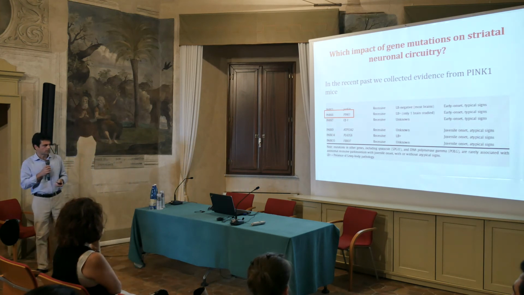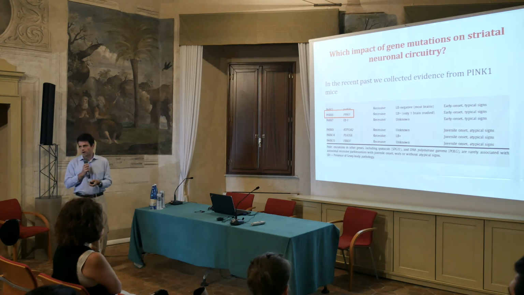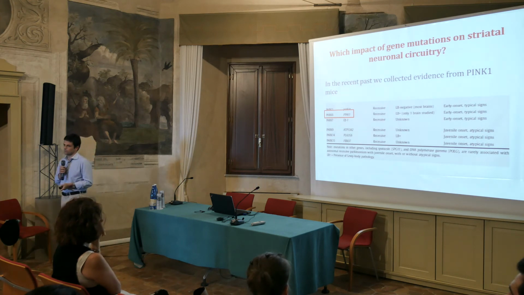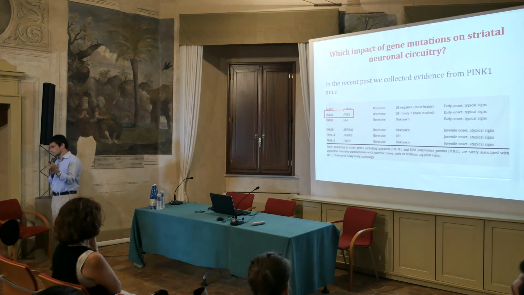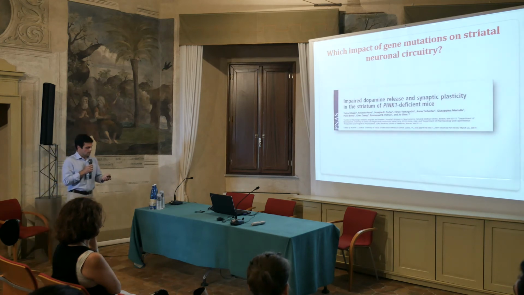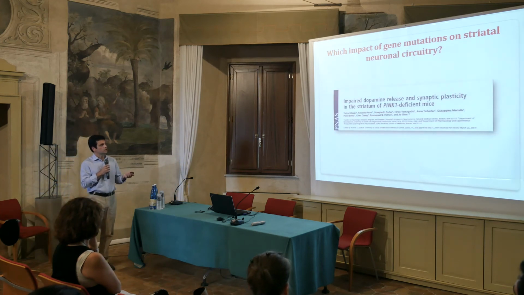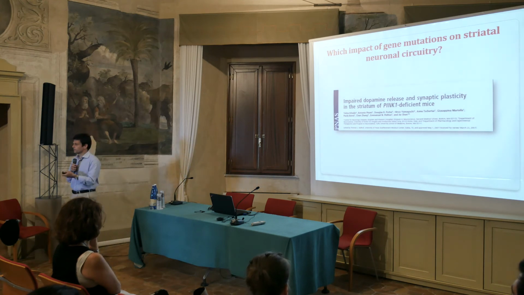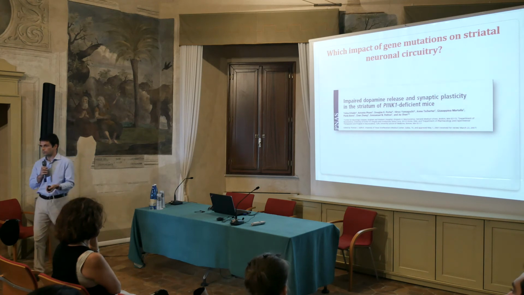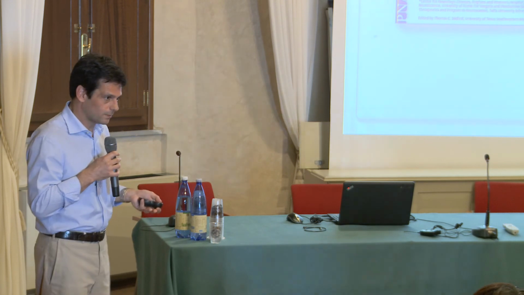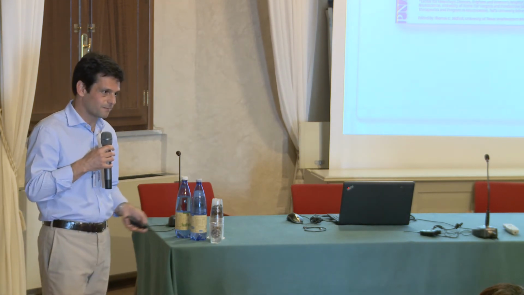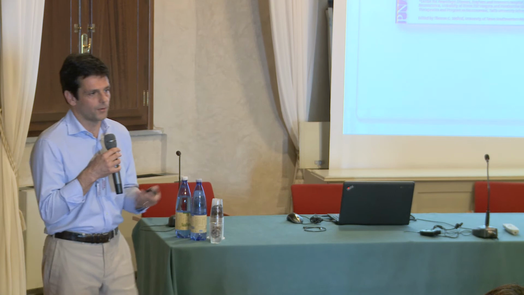It's a rare condition, much rarer than Parkin itself, because Parkin is the most frequent among the recessive forms. We started working on the Pink1-deficient mice, the full knockout mouse. And we found an impairment of plasticity, an impairment of dopamine release, which was kind of expected, although there was no nigral degeneration and no overt symptom.